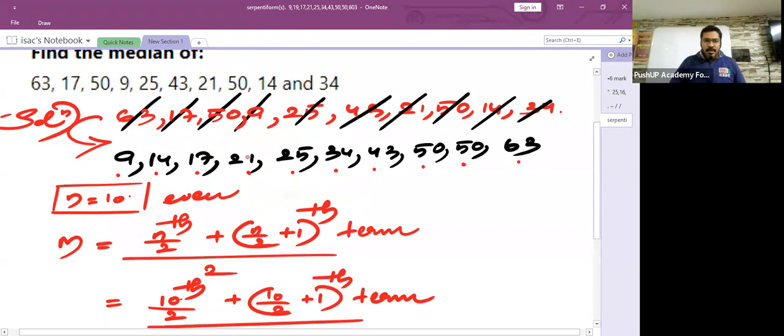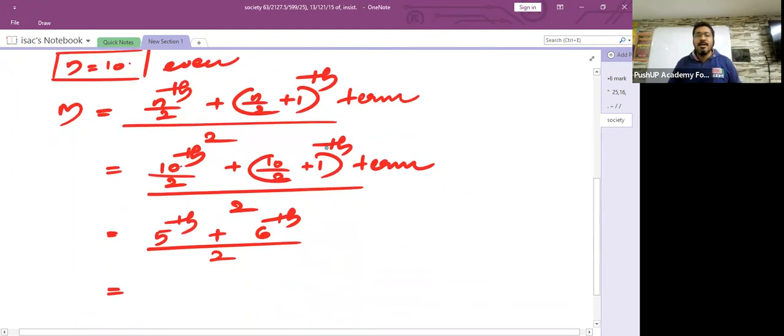Now, just start looking into these observations and tell me which is the 5th term and which is the 6th term. Children, 1, 2, 3, 4, 5. This is your 5th term. This is your 6th term. So which is the 5th and the 6th term here? 25 and 34.